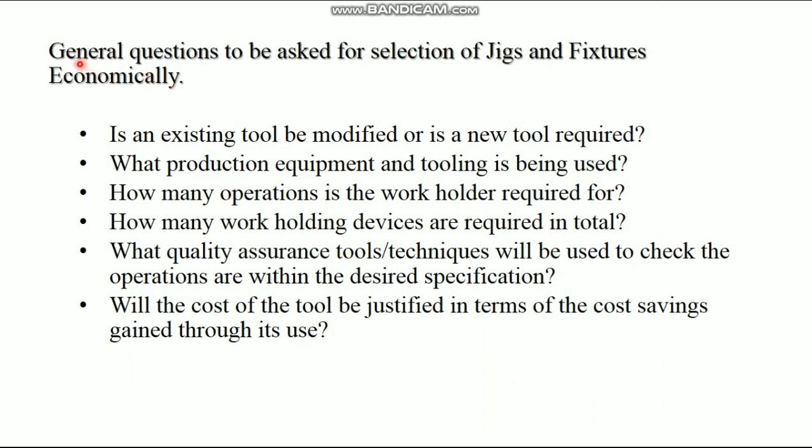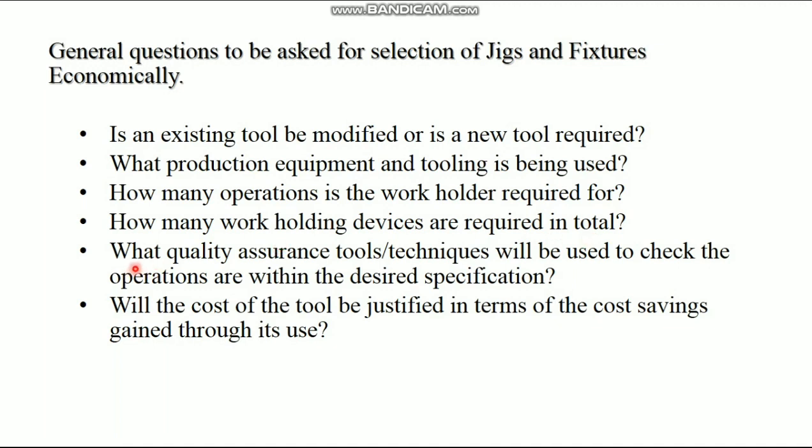Then general questions to be asked for selection of jigs and fixtures economically. Will an existing tool be modified or is a new tool required? What production equipment and tooling is being used? How many operations is the work holder required for? How many work holding devices are required in total?